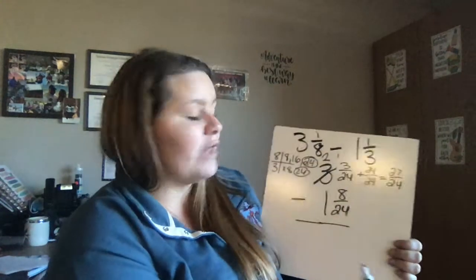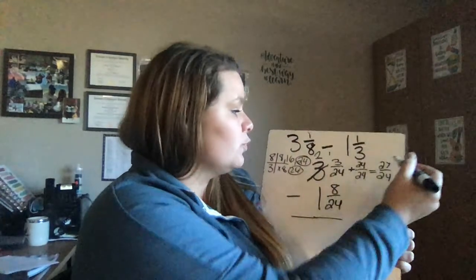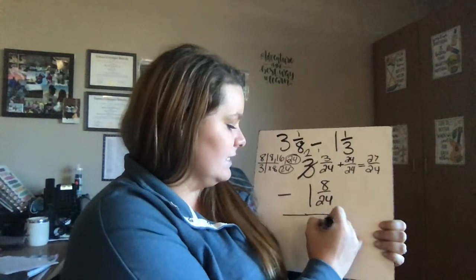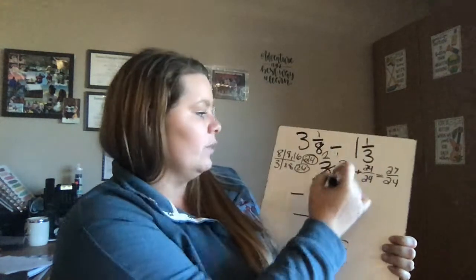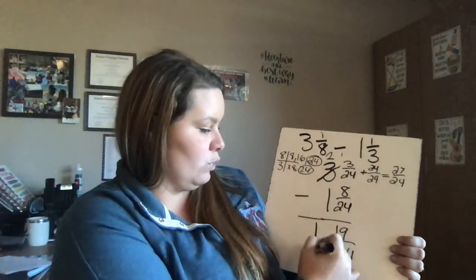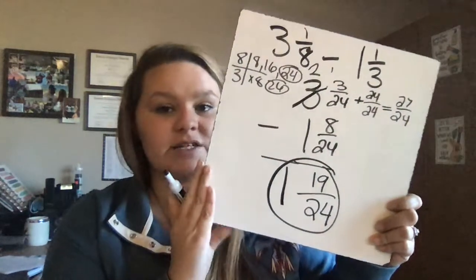We do that because now we can subtract 27 minus 8. 27 minus 8 is 19, and our denominator stays the same, 24ths. Then we subtract 2 minus 1 is 1. So our final answer is 1 19/24.